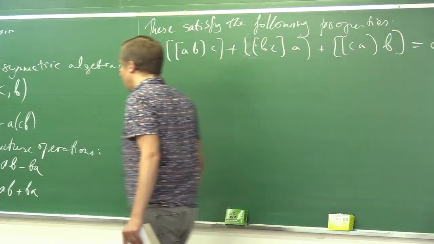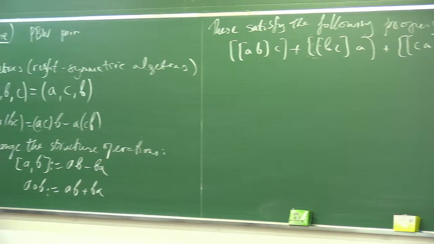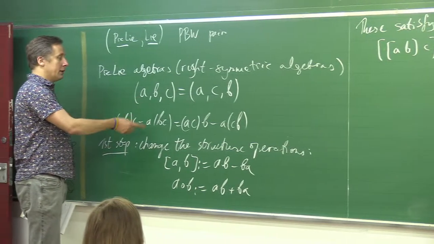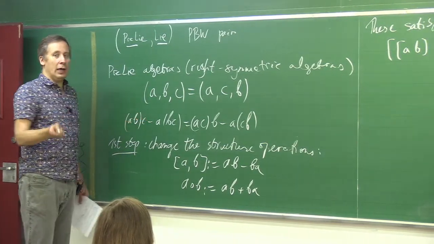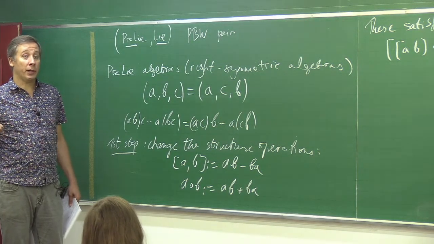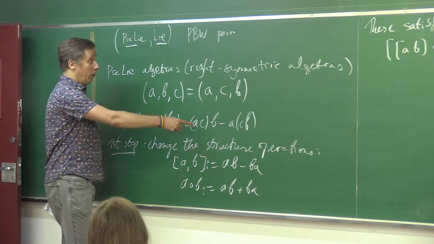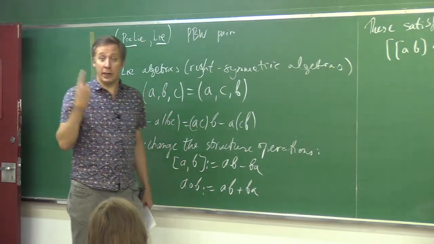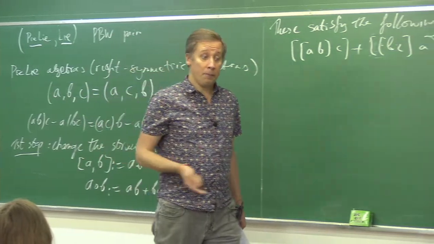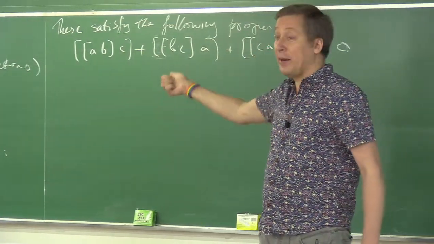And two more properties. So let's just do some sanity check. Of course, if we allow ourselves to use the symmetric group, then we just need to impose this right symmetric identity, as relations as a module over S3 are generated by this element.